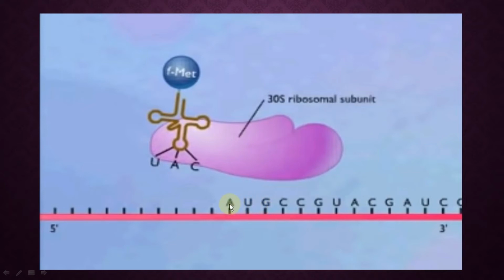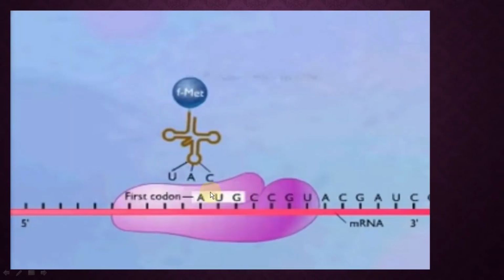Complementary means A is complementary to U; if U is here, A is the anticodon. If G is the nucleotide, the anticodon will be C. So if the codon is AUG, the anticodon will be UAC. They get activated and come along with the ribosome from the cytoplasm and form this type of complex.